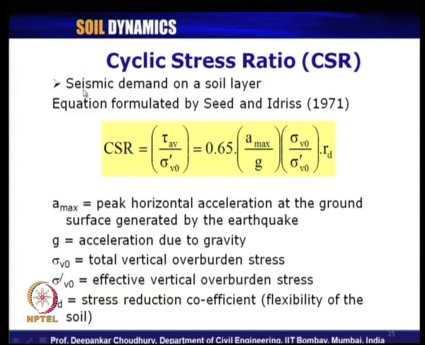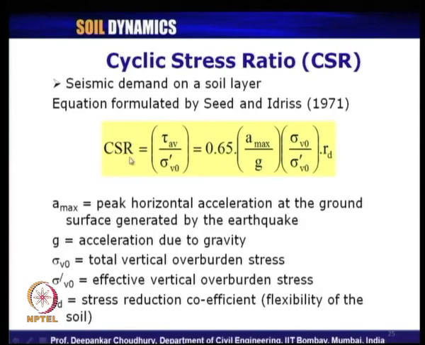As I have mentioned, it is nothing but the seismic demand on a soil layer, and the CSR is estimated using the equation which was formulated by Seed and Idriss in 1971. The expression to compute the CSR is given like this.